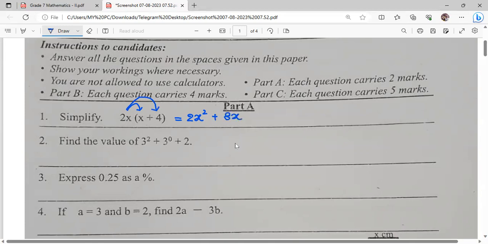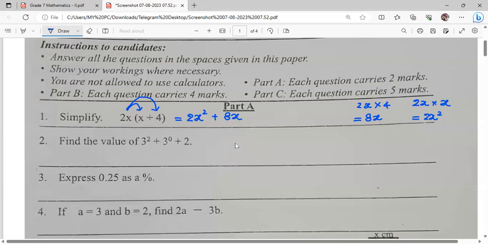By any chance, if you have doubts, you can write it like this. 2x times x, that is 2x squared. Then 2x times 4, it is 8x. Hope it is clear.